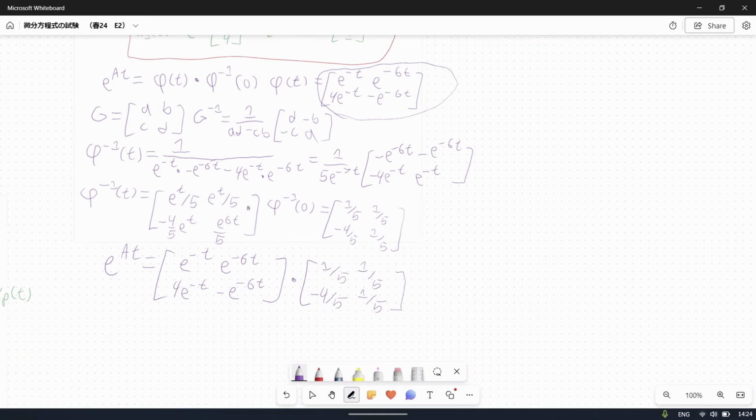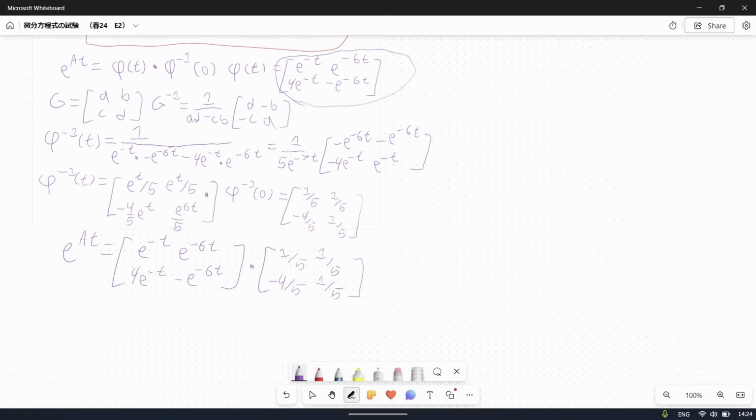And so now we're going to have to do a little bit of matrix multiplication. So this is going to give us another 2x2 matrix because we're multiplying a 2x2 matrix with a 2x2 matrix.